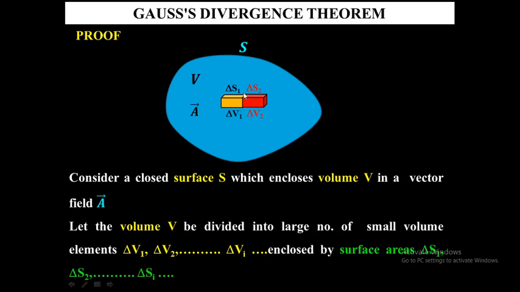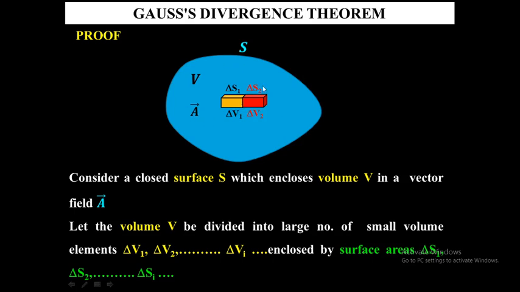Suppose the outward flux from this common surface for this volume element is in this direction, but for the other volume element the direction of the outward flux is in the opposite direction. It means equal but opposite. So the outward flux through the common surface is equal and opposite.